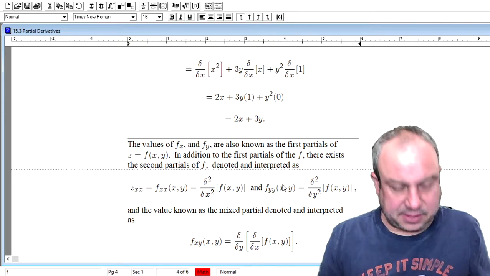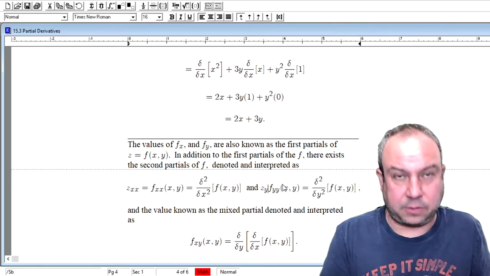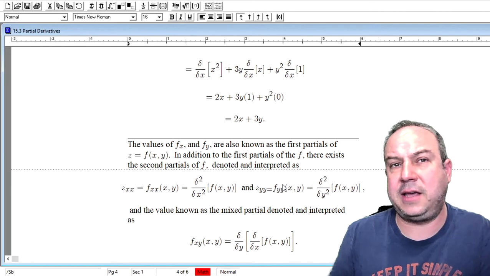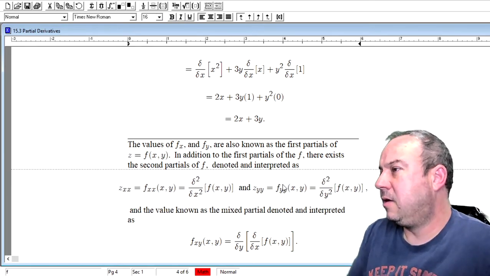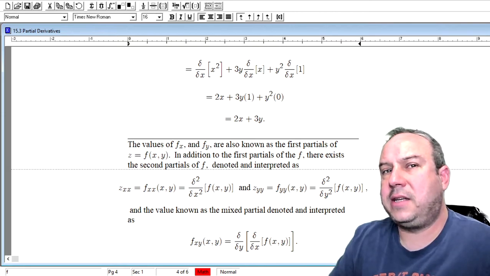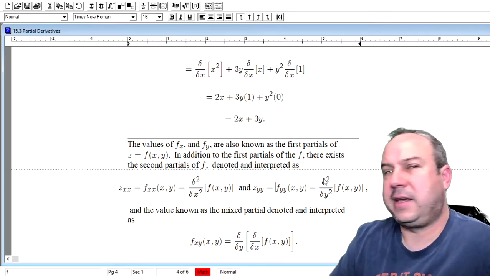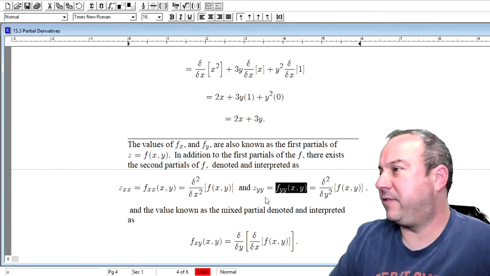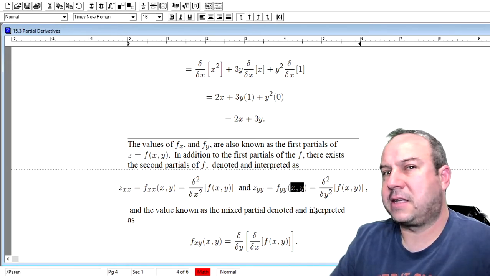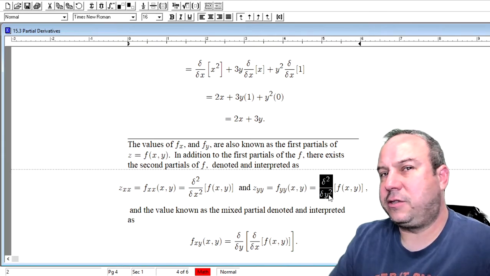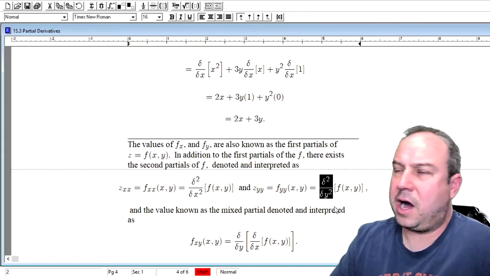And we see something similar with respect to y. Your second partial of z equal to f of x y is z sub yy, which is f sub yy of x comma y. It's f's second partial with respect to y, right, at x comma y. And that is just taking two partial derivatives with respect to y.